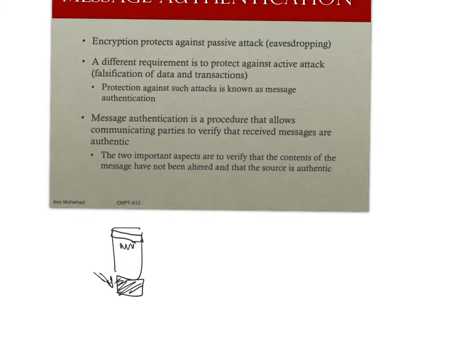Okay, so if you have some kind of a timestamp or a sequence number, then you can easily detect that replay attack. So message authentication itself will not protect against the replay attack, but you can easily do that at the protocol level. Okay.